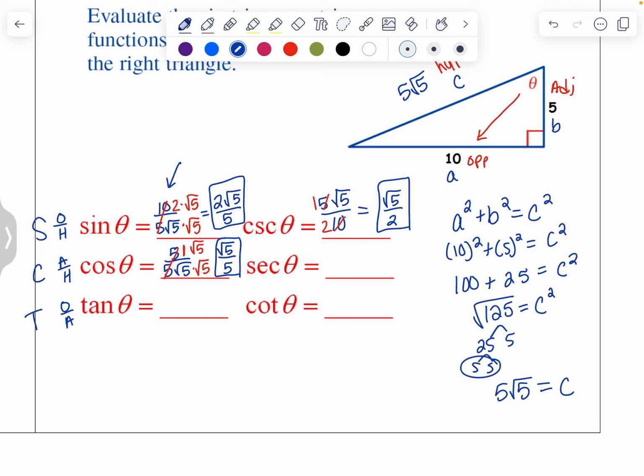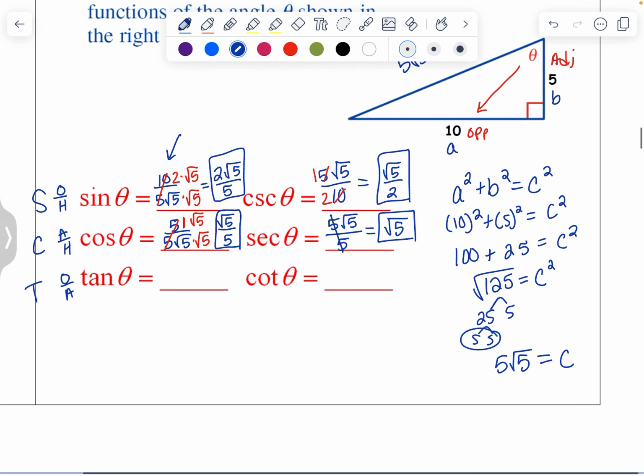For secant, take the reciprocal of the original, so hypotenuse over adjacent, and simplify to square root of 5. Tangent is opposite over adjacent, and 10 divided by 5 simplifies to 2. Cotangent is adjacent over opposite, which simplifies to 1 over 2, or 1/2.